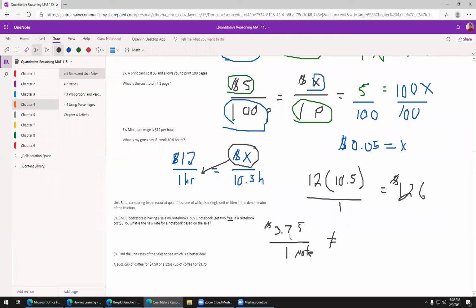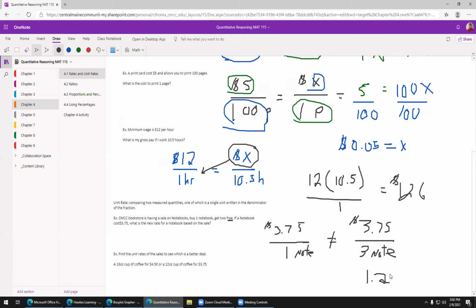So now I've got to think through a little bit logically here. Now I am basically paying $3.75, I'm still paying the same price, but I'm getting 3 notebooks. So 3.75 divided by 3, they now cost $1.25.